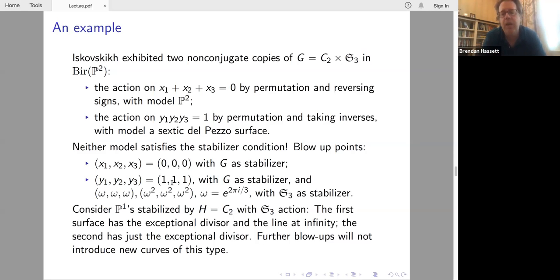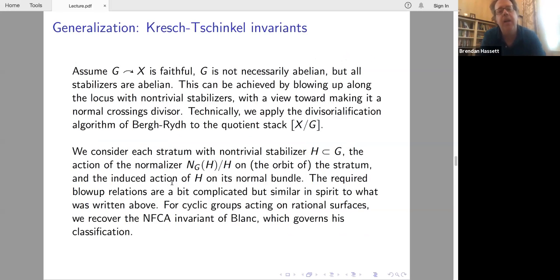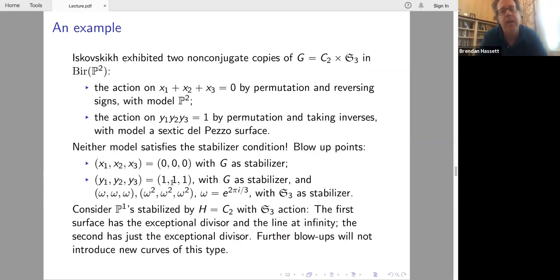So you just have different numbers of strata that have these two different characteristics. In other words, I'm taking this analysis of the stabilizers and the normalizer actions, and using it to get some information on these planar actions.